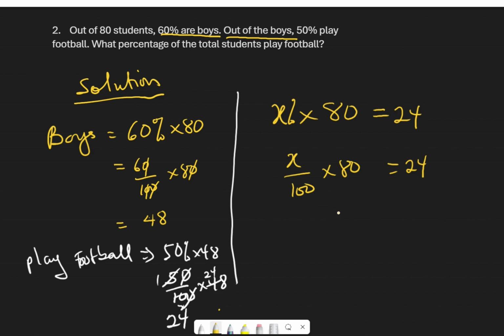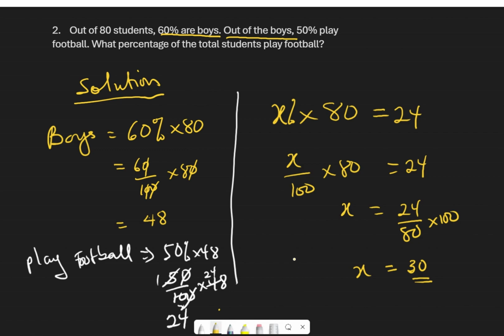You do your calculations or use your calculator if you can. Right.